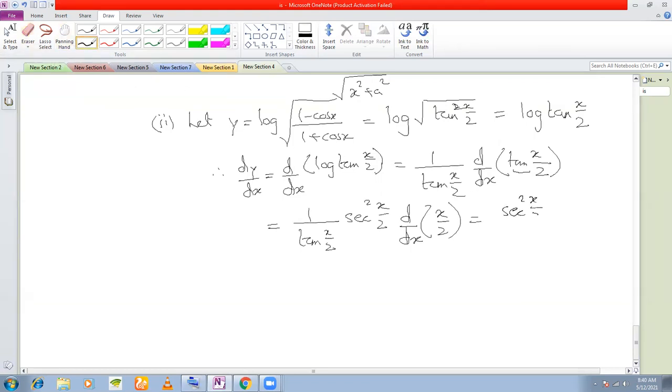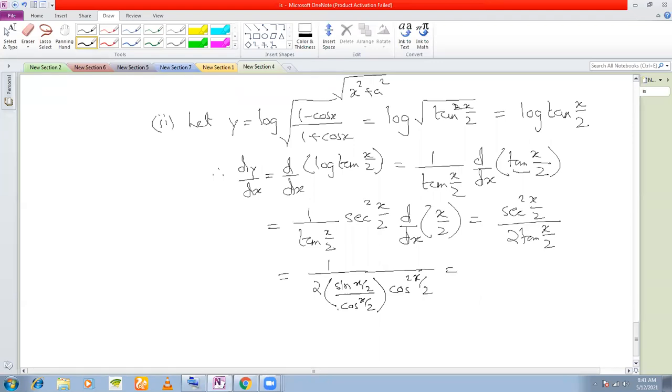Sec square x by 2 by 2 tan x by 2. Now this can be simplified a little further. Even if you leave your answer here, it is no problem because you don't have to prove anything here. But I can show you a simplification. If you change your sec to cos, you're going to get 2, and if you change your tan to sine and cos, you're going to get sine x by 2 by cos x by 2, and sec square to cos square, into cos square x by 2.